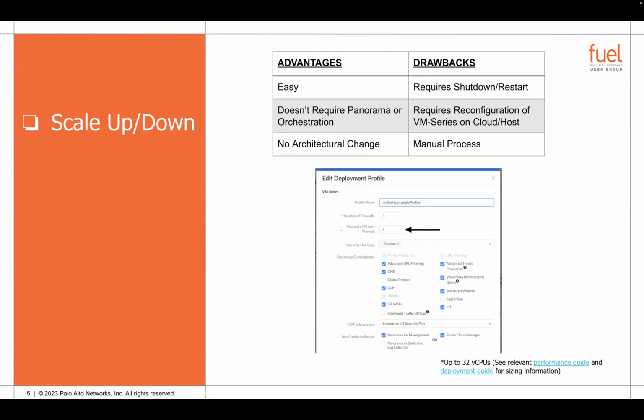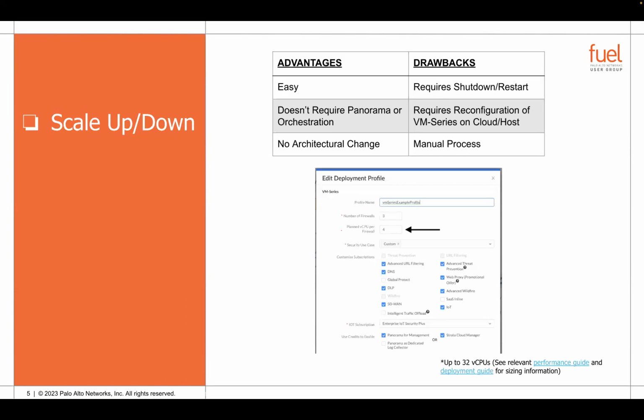Purely from a licensing perspective, scaling up just requires that you go to the support portal and change the number of vCPUs that you want to use for a given instance. Obviously, this is very easy. It's simple. It doesn't require Panorama or any orchestration, but it does require that you make the change from a licensing perspective in the support portal as step one.